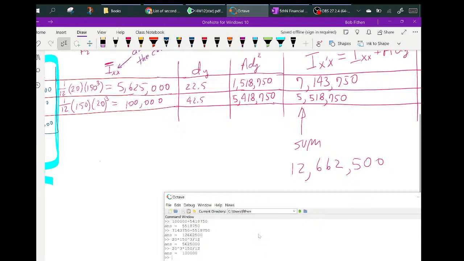Just make sure 22.5 squared times 3,000. That's the value there. 42.5 squared times the area of 3,000.